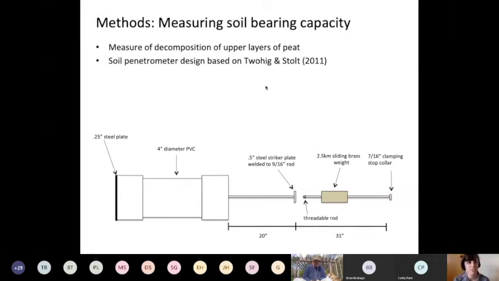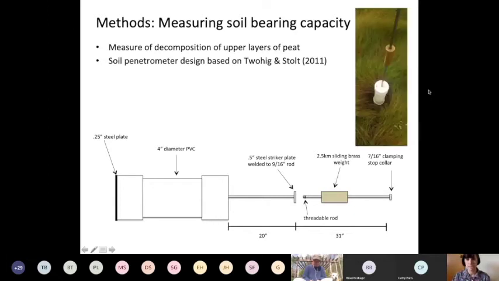And they did a study that showed that this metric, bearing capacity, was really meaningful in illustrating degradation by tidal restriction in Rhode Island marshes. However, it hadn't been used in Maine, and so I wasn't sure if this metric would transfer. But we had one built, and here it is. It's pretty much a glorified slide hammer that you place on the marsh surface and slam this weight down.